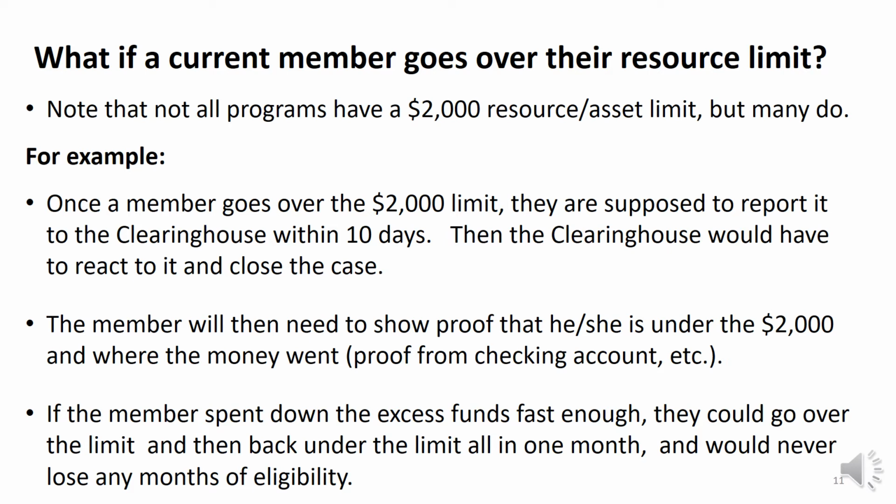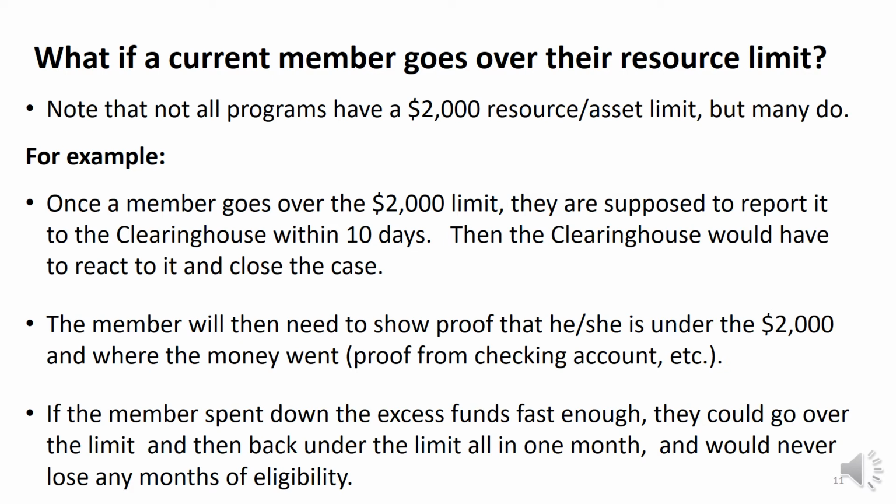Once a member goes over the $2,000 limit, they are supposed to report it to the clearinghouse within 10 days, because anytime your assets increase, you're supposed to report that. Then the clearinghouse would have to react to it and close the case because they're now over the resource limit in order to get KanCare.